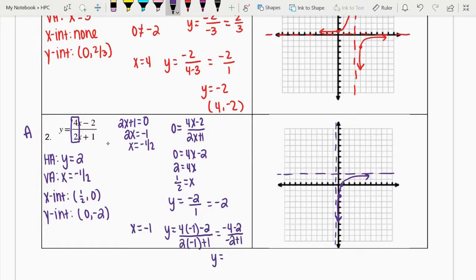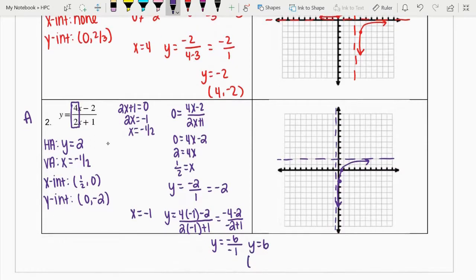So y is equal to negative 6 over negative 1. So y is equal to 6. So when we are at negative 1, we'll be at positive 6. Then I can go ahead and finish the left-hand side of this graph, and that's what the graph would look like.